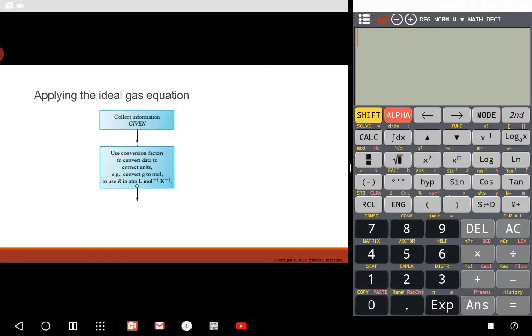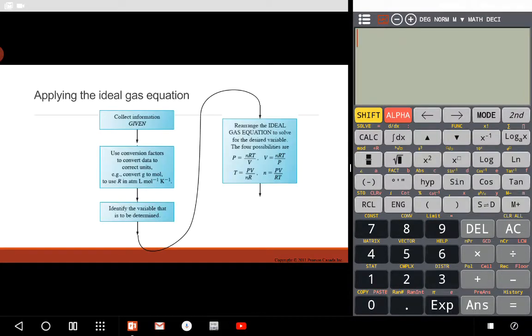Or you can pick an R that matches the units that you're given more closely to minimize your unit conversion life. Identify what variable you need, and then you can use algebra to isolate the variable that you're solving for and plug in variables.